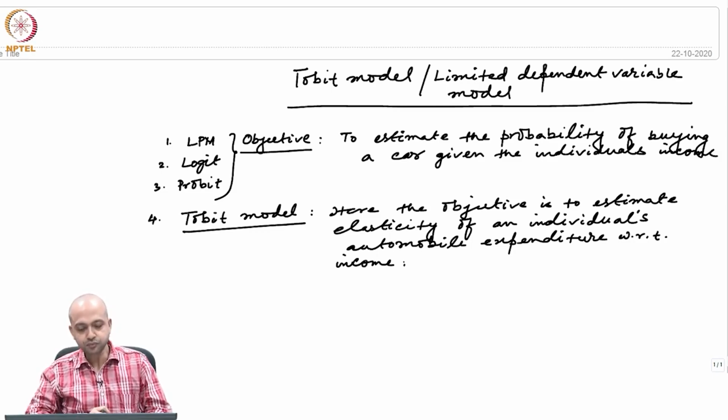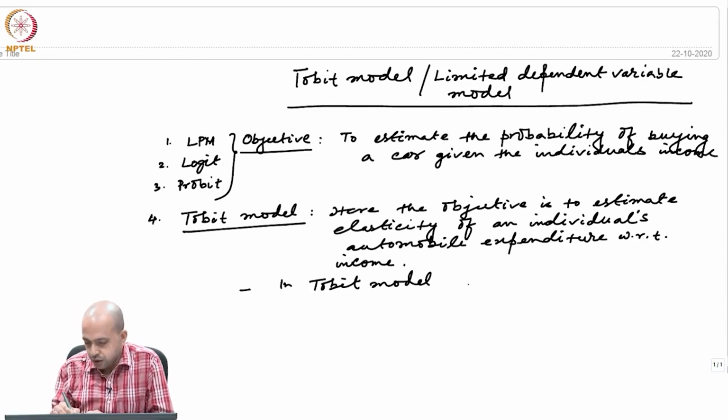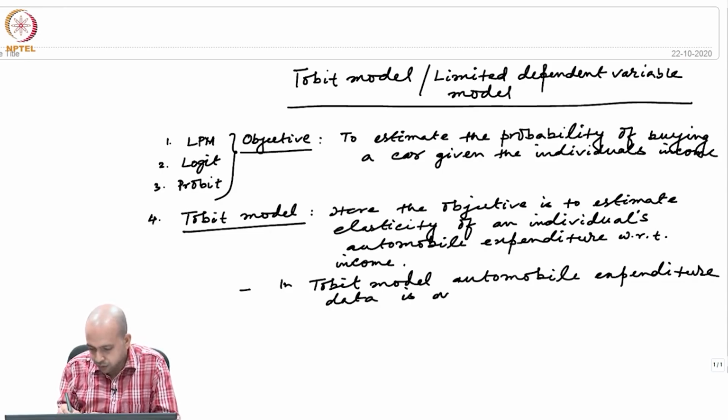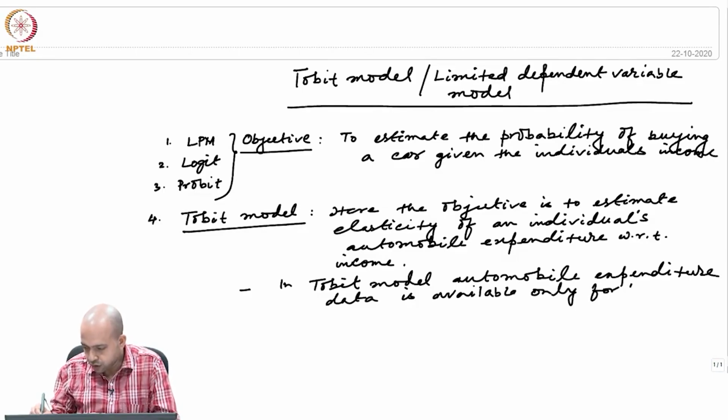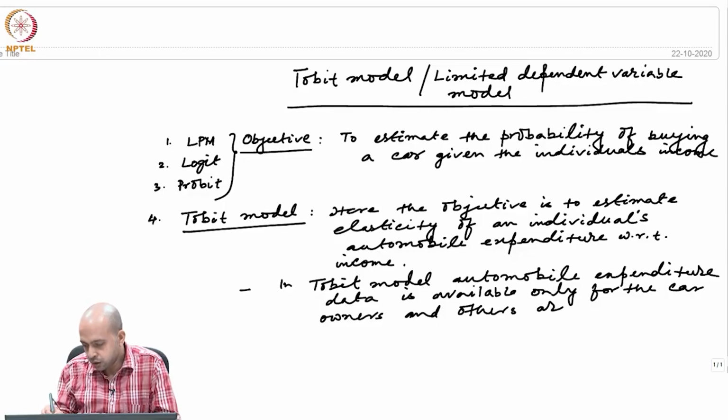So, in the Tobit model, automobile expenditure data is available only for the car owners, and others have 0 expenditure.